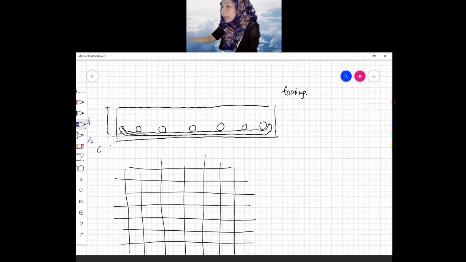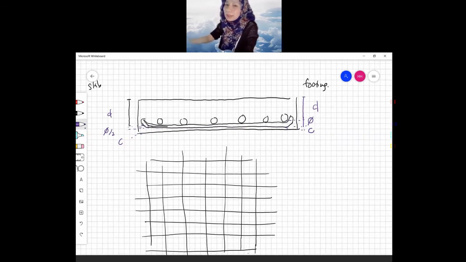However, for footing, you punya D is actually daripada in between these two bar. Ni D. Okay. So that's why you ada full bar kat sini. And you ada C. And for footing, tak ada secondary bar. Maksudnya atas dengan bawah ni dua-dua main bar, main reinforcement ataupun kita panggil dia bending reinforcement.